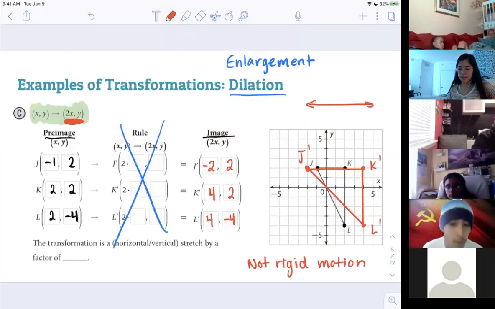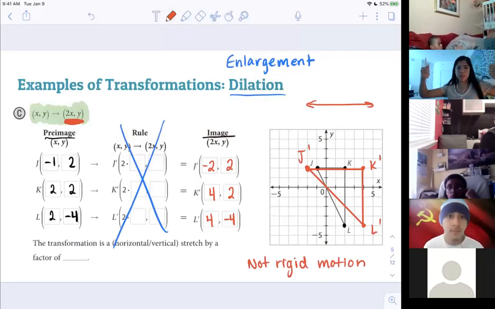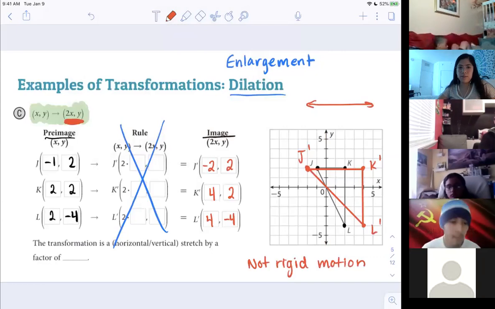So since I'm increasing the length from left to right, did it get taller? It enlarged, right? But the question is, did it stretch to the left and the right, or did it stretch up and down? Left to right. Exactly.